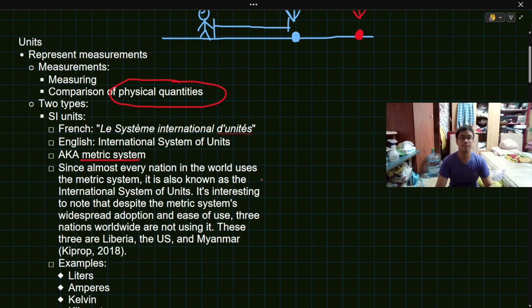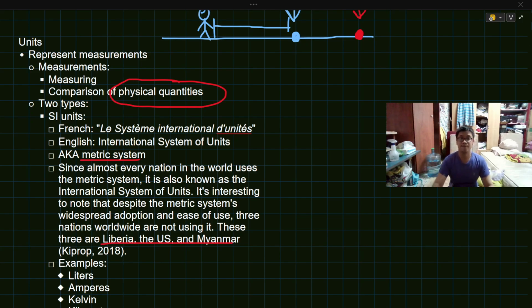Now, according to Kiprop from 2018, it's actually used by the majority of countries. Most of the countries around the world use this metric system, except Liberia, the US, and Myanmar, according to Kiprop from 2018.